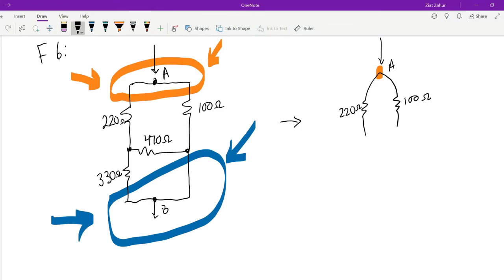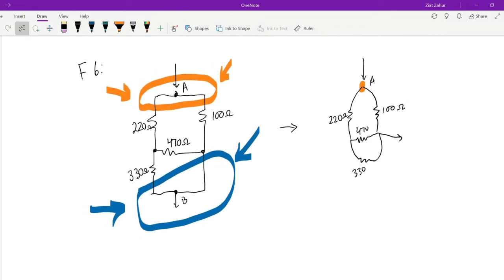Okay, now we do have this thing here, the 470. We also have a 330 here. We're supposed to squish this into a point, so that means these two are connected. So let's go and draw it this way now.